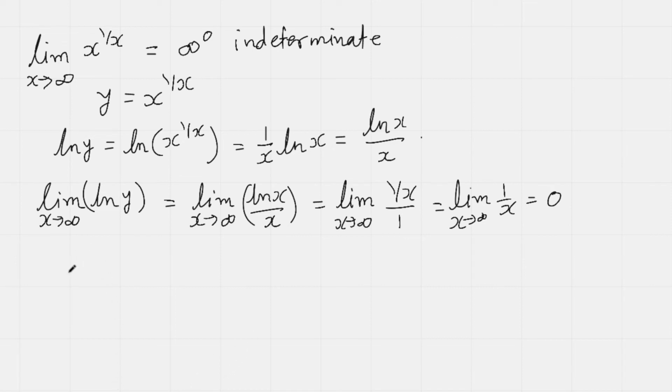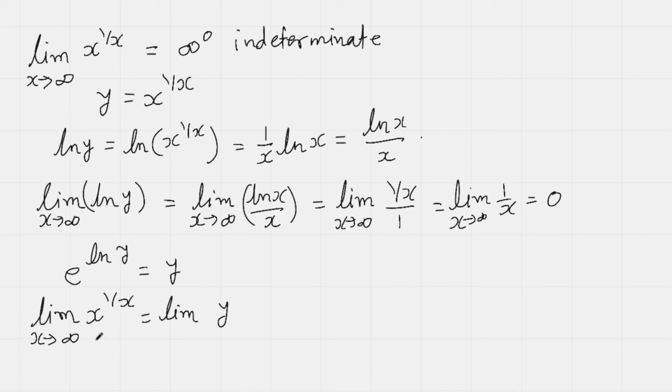Now we know that e raised to ln y is equal to y. We want to find the limit of x raised to 1 over x as x approaches infinity. So the limit of x raised to 1 over x as x approaches infinity is equal to the limit of y, because x raised to 1 over x is equal to y.